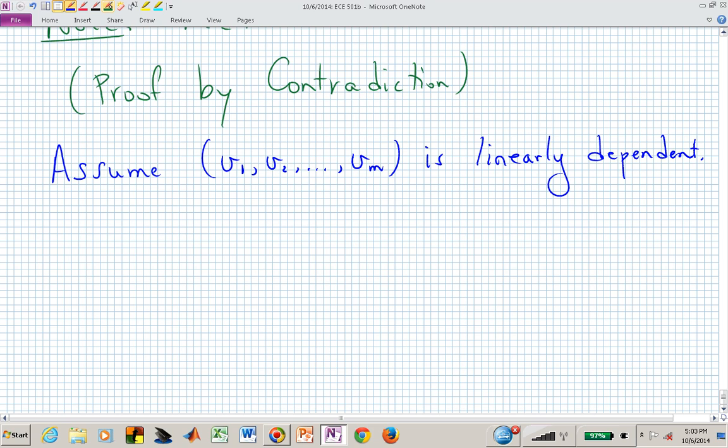And what does that mean? That means that of those vectors, at least one is a linear combination of the others, or in the span of all of the others. So this means at least one is in the span of the other vectors.